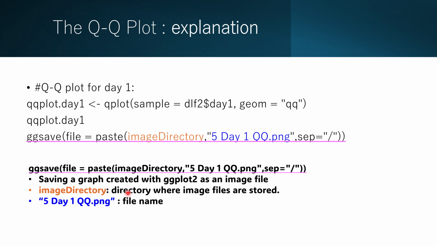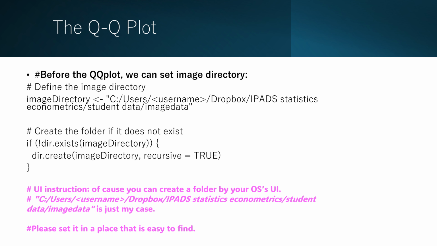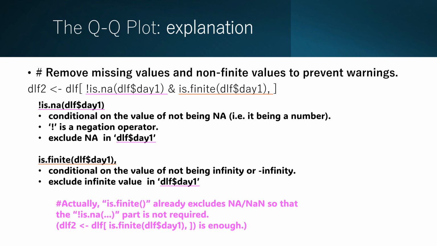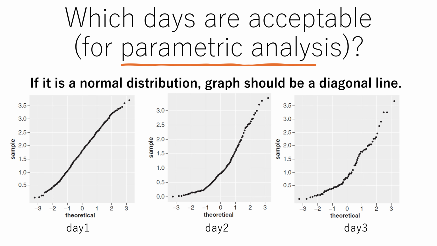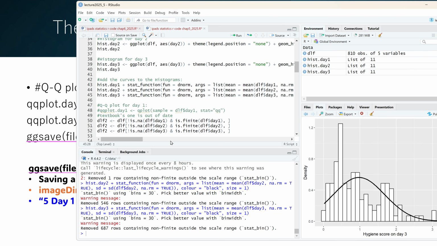You do not always need to save the image graphs, but it is very useful, I think. The other things are okay. So let's move on to running the command, the QQ plot for Day1.